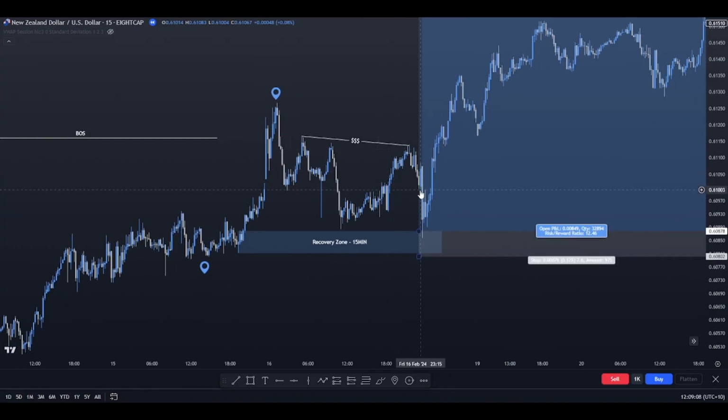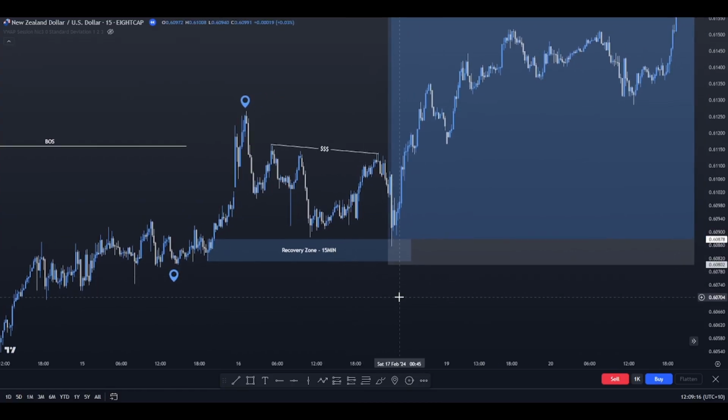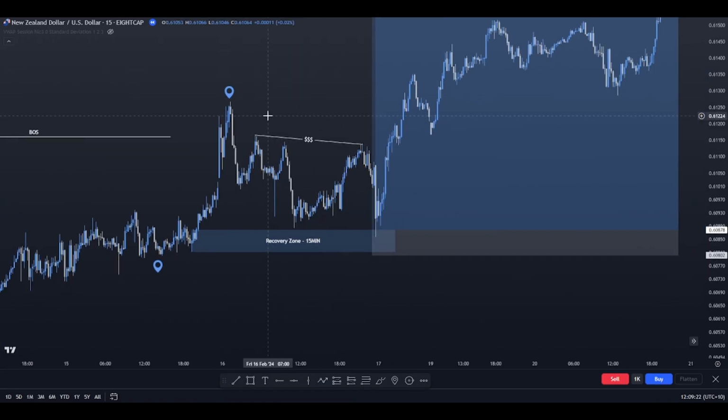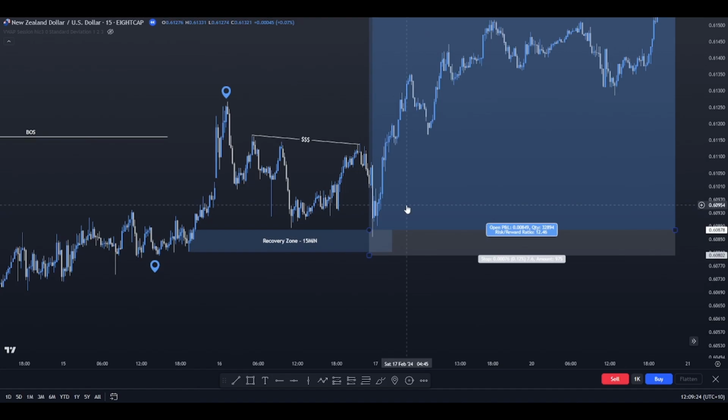Now, price did eventually reverse to the downside and fulfill this 15-minute recovery zone, which is where I got into my position. So we were trading within this 1 hour bullish immediate viewpoint, which was the consensus of the overall market direction for the moment.